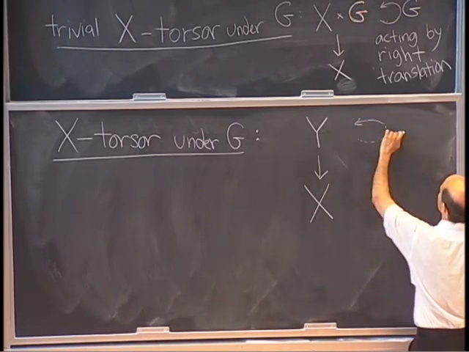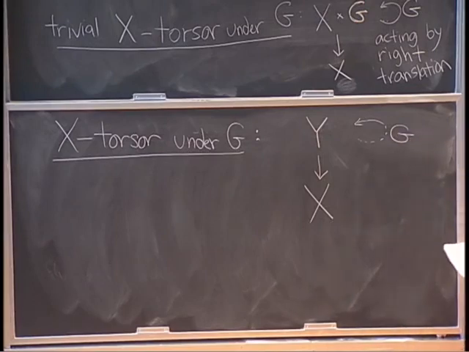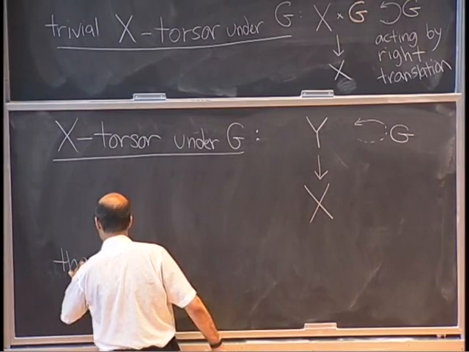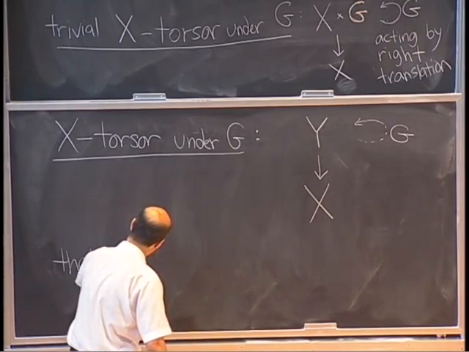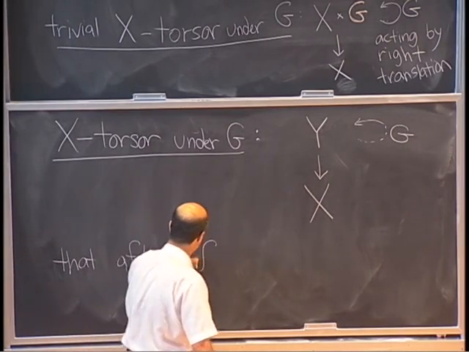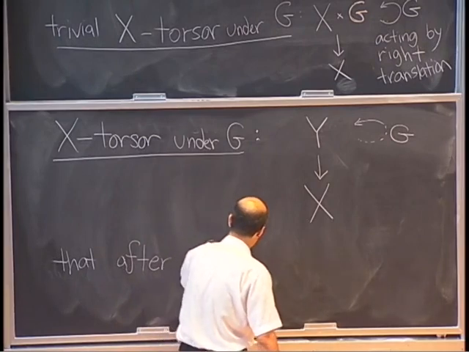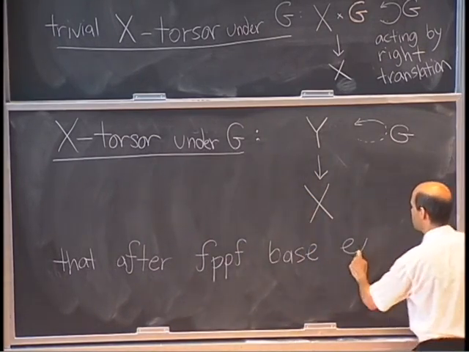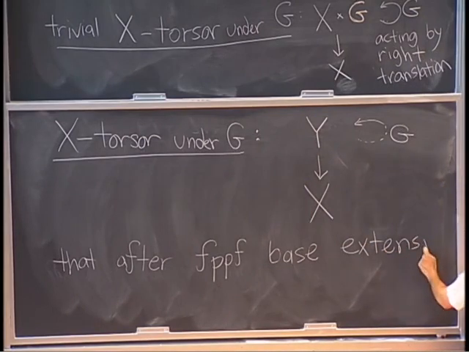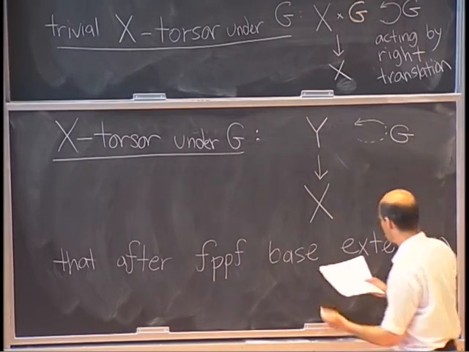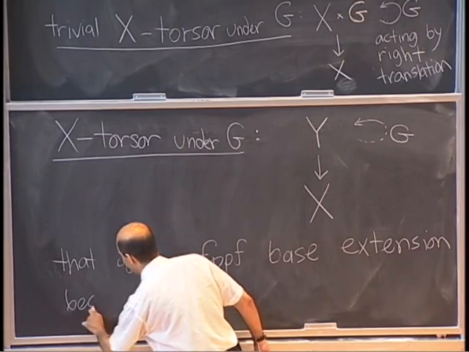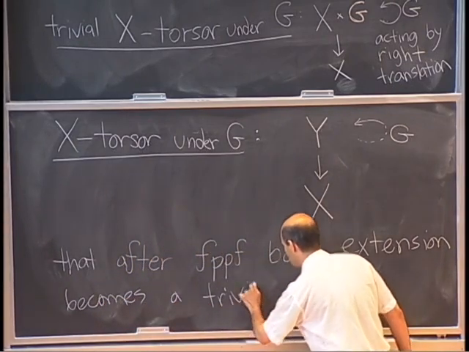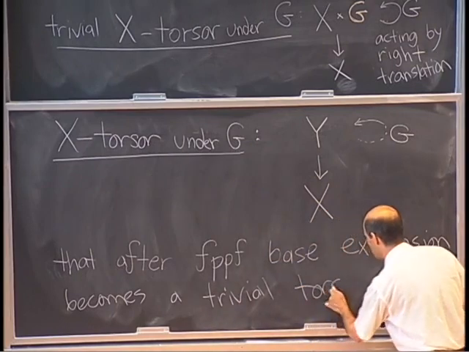It should be such that after an étale, or projective, or fppf base extension it becomes a trivial G-torsor.